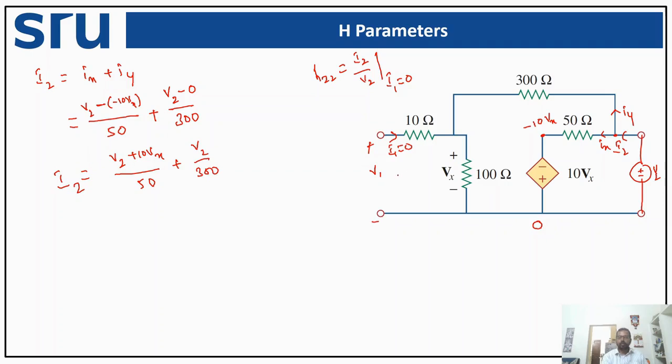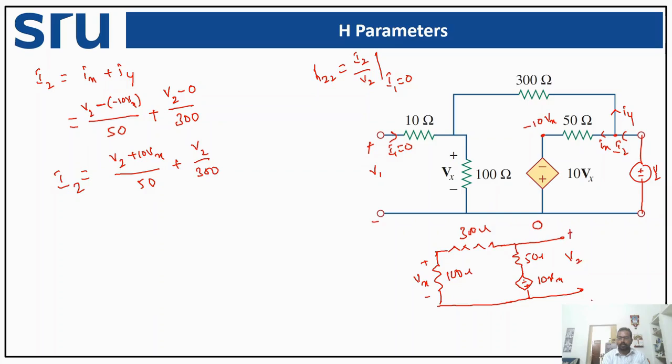Okay, so if you observe the previous diagram here, I'm going to redraw this one. So this is your 300 ohm, and we have here a 100 ohm resistor, and this is Vx, the voltage across this, and we have a 50 ohm resistor and a dependent source of value 10 Vx, and here we are having the port, that is V2, plus minus.